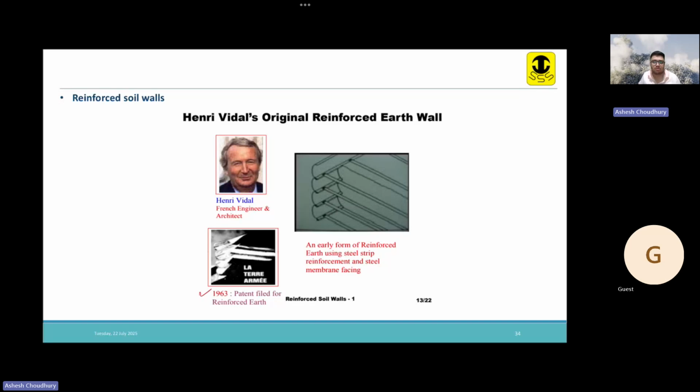The tallest reinforced soil wall is actually in India, at Tindharia on the Sikkim West Bengal border. It was constructed by Terre Armée. We will see the case study after some time, and I will open the website and that PDF so you can see the photo also.